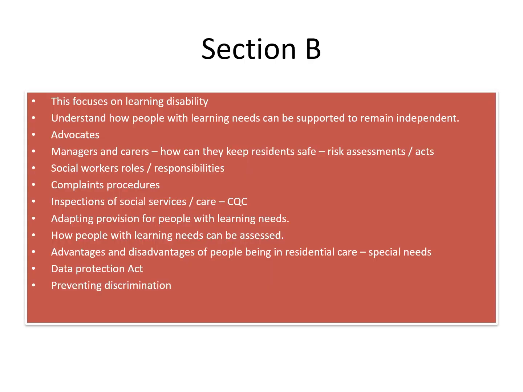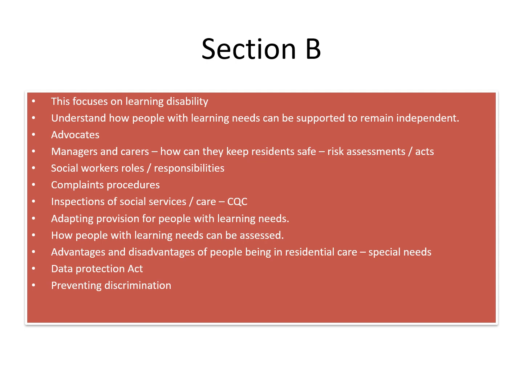Section B tends to focus on learning disability and understanding how people with different learning needs can remain independent, how you could empower them. You need to know about advocates, what their roles are, managers and carers, how they keep residents and visitors safe. You need to look at risk assessments, social workers' roles and responsibilities, how people can complain and the complaints procedures that should be in place in health and social care settings.